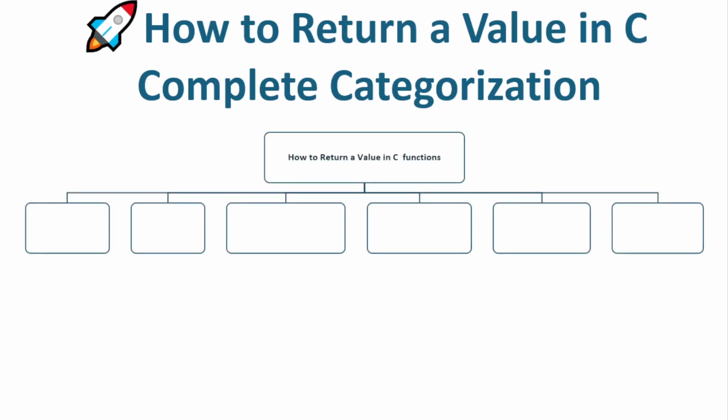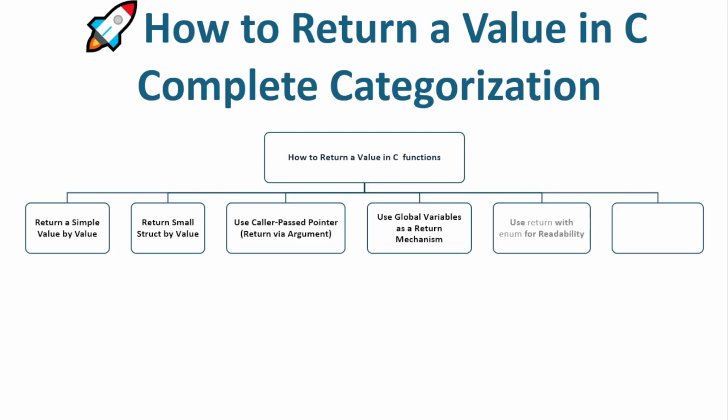Return a simple value by value, return a small struct by value, use caller pass pointer, use global variables as a return mechanism, use return with enum for readability, return a dynamically allocated memory.